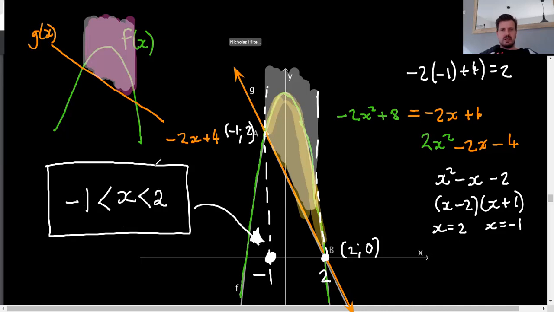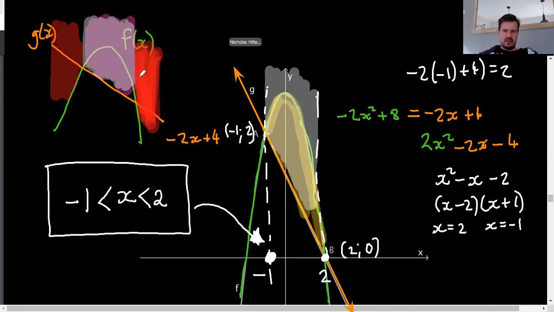Let's look at it a different way. Where is orange bigger than green? After the point where they meet, over here and here, right?